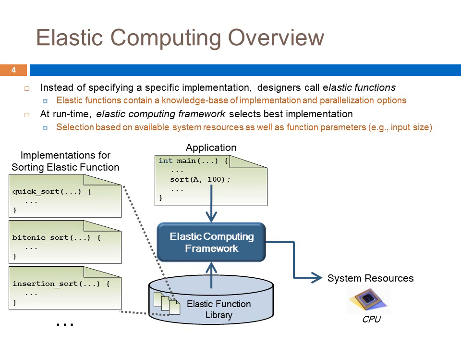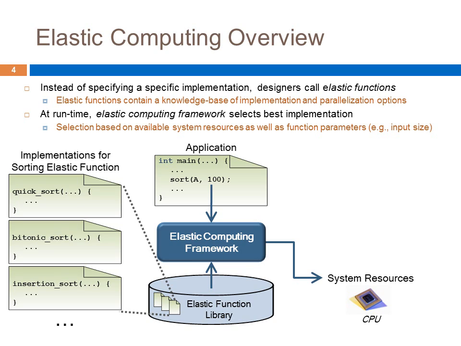However, unlike a normal function library where each function has a single implementation, what makes an elastic function special is that we've basically taken the information that would be available to an expert designer, and we provide that as a knowledge base of different implementations, different algorithms, different parallelization strategies, different optimizations, different work partitionings for that corresponding function.